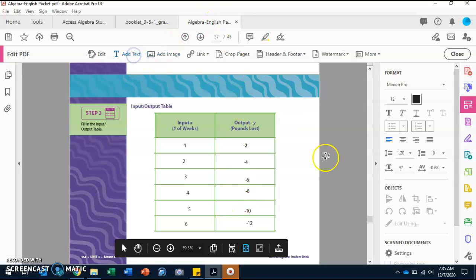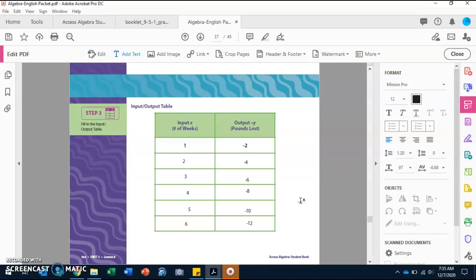So that means that he still needs more weeks so he can reach his goal. So we know that the answer is going to be more than 6 weeks because at 6 weeks he is at -12. And how many pounds are we looking for in his weight loss journey? Yes, 20 pounds. We want to know when he is going to lose 20 pounds if he's losing 2 pounds per week.